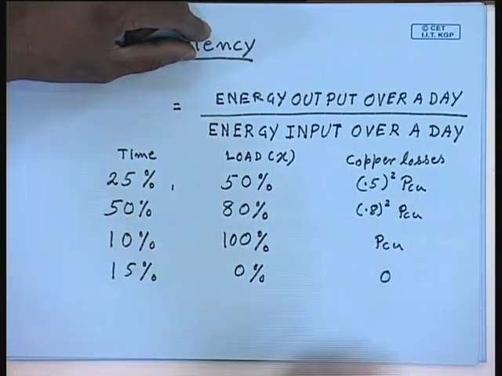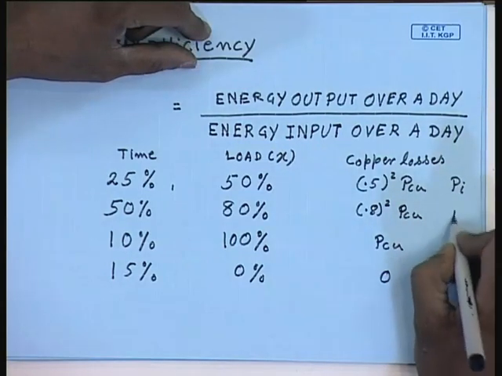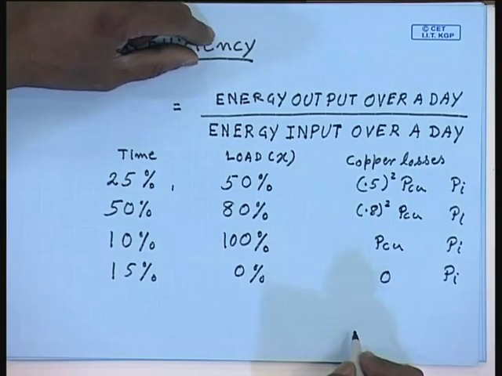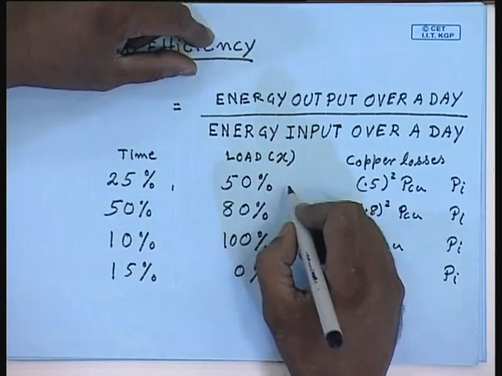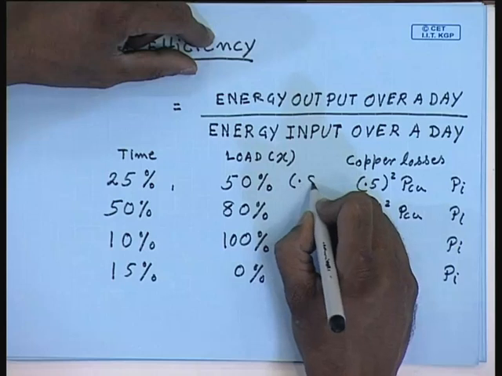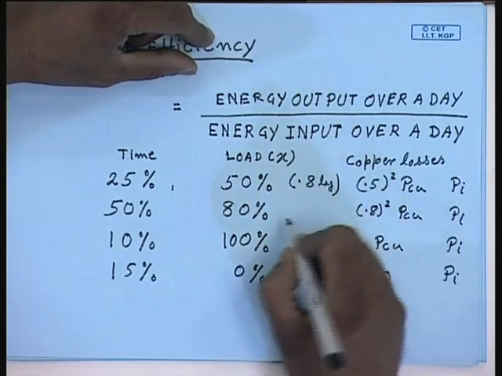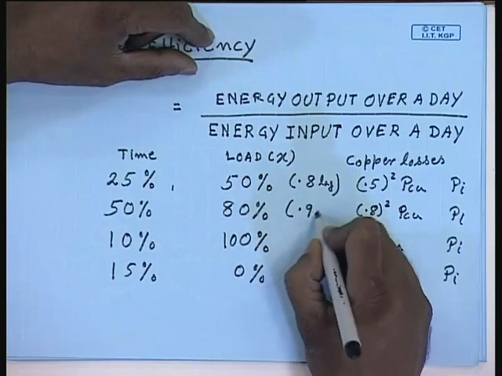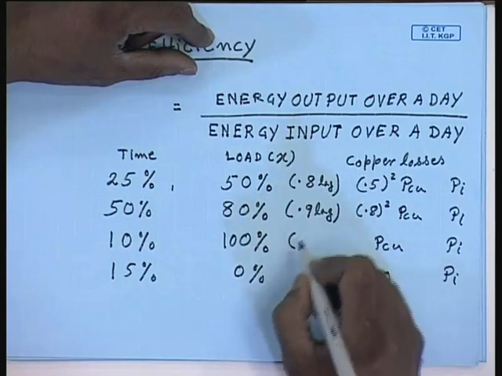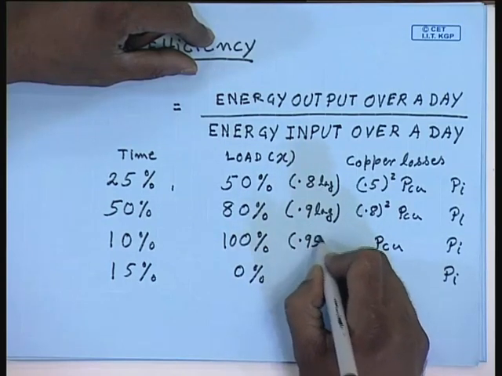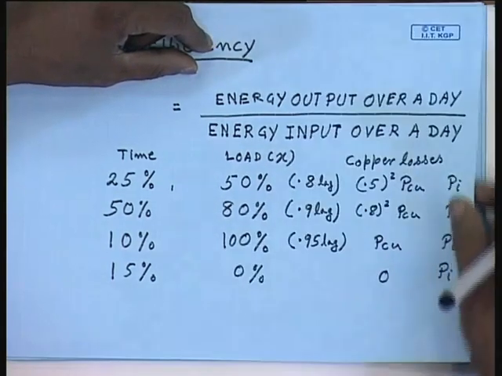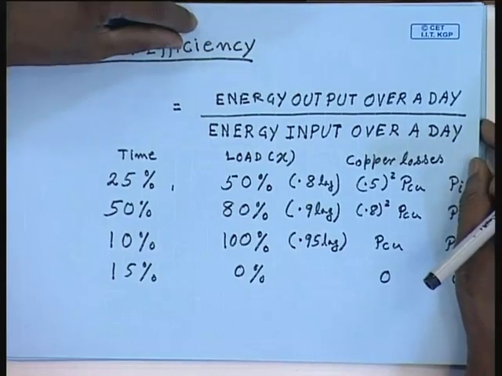The core losses however will always be Pi, Pi, Pi, here also Pi. Let us further assume that these loads have power factor 0.8 lagging, this power factor is 0.9 lagging, this power factor is 0.95 lagging, and here since there is no load current we do not mention the load power factor. So, let us calculate what will be the all day efficiency.